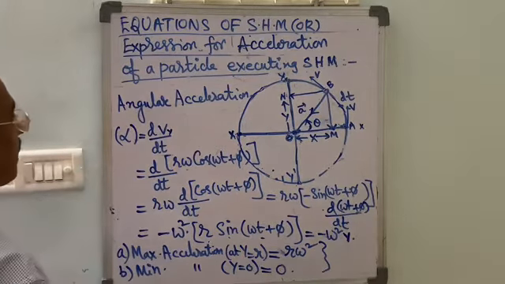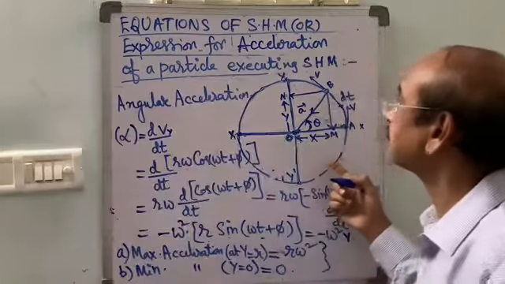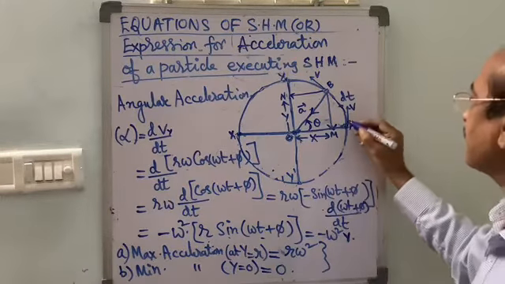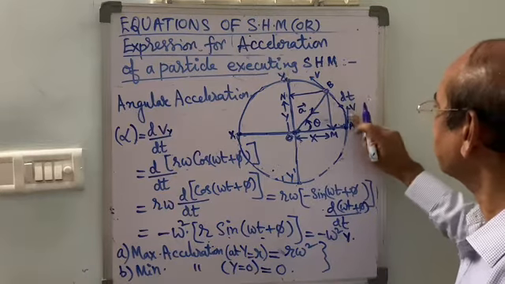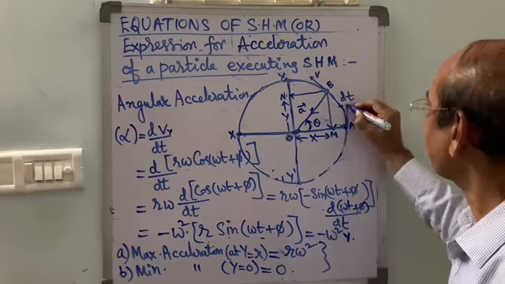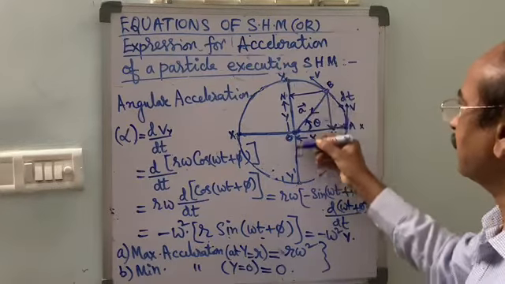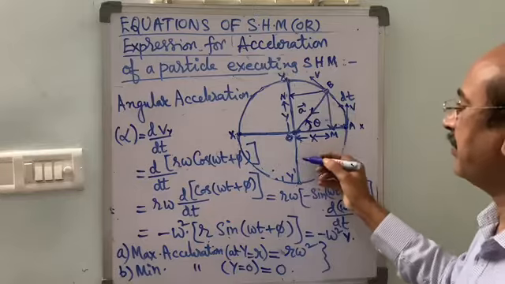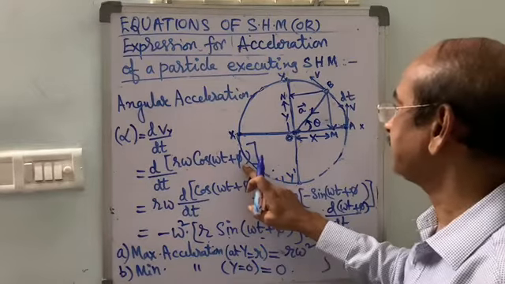So from this, we consider the particle moving with velocity v, and the velocity of the particle along this y diameter is given by r omega cos omega t plus phi.